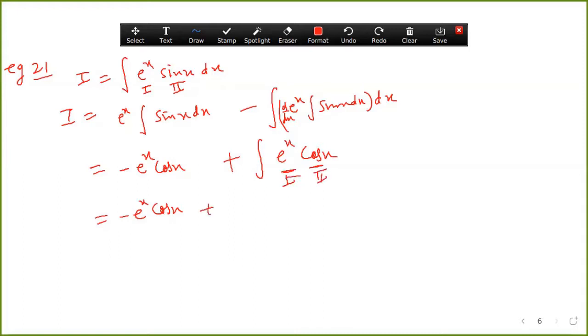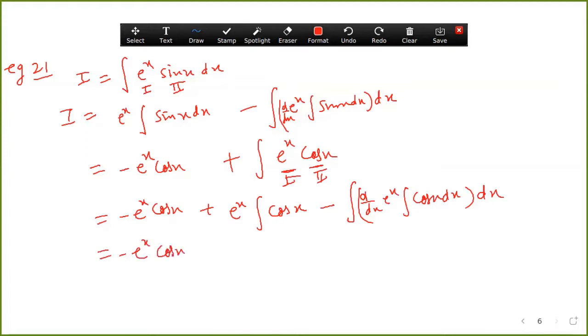Now again integrate it. e to the power x as it is, integration of cos x, minus derivative of e to the power x, integration of cos x dx, minus e to the power x cos x plus e to the power x cos x, integration is sin x, and this comes out minus integration of e to the power x and sin x dx.